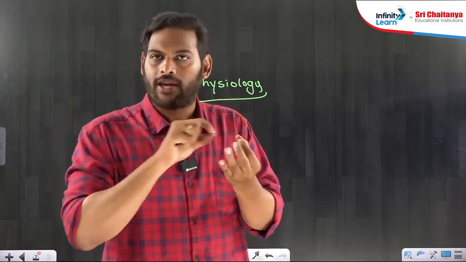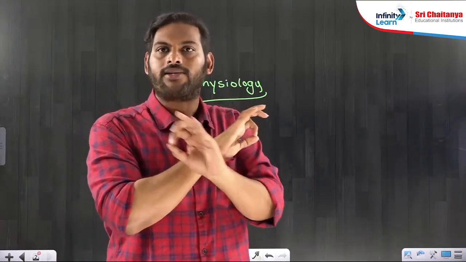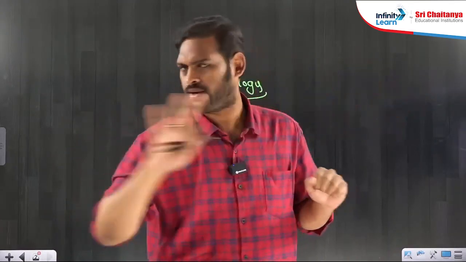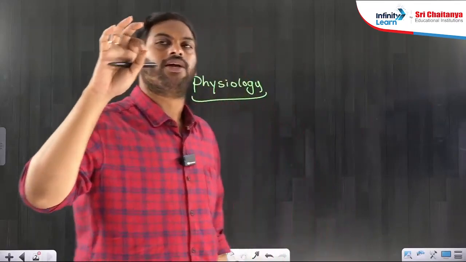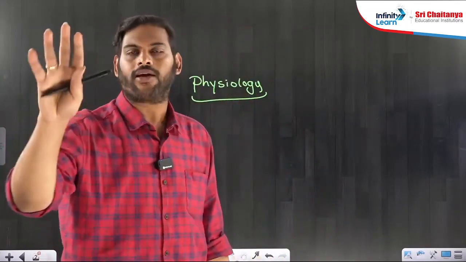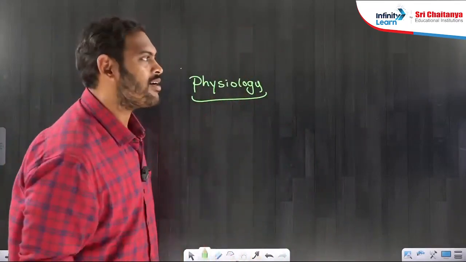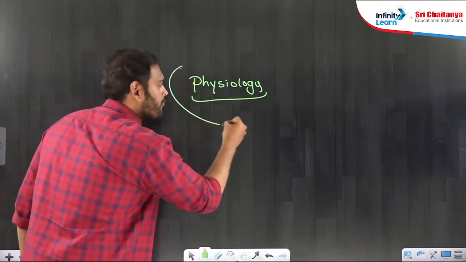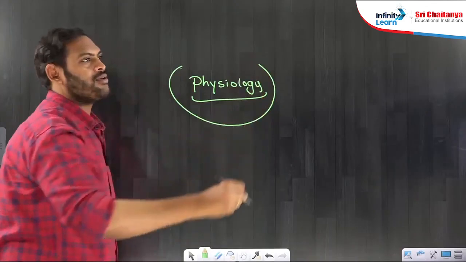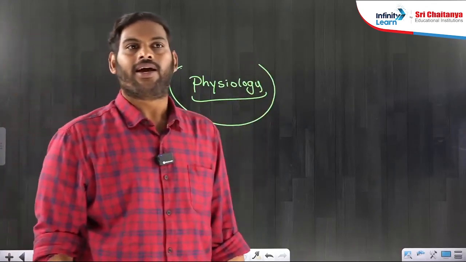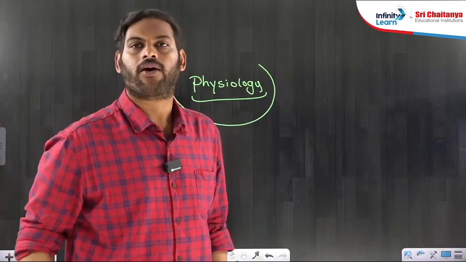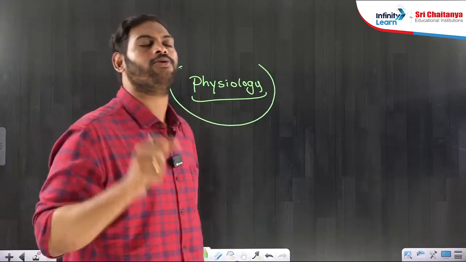So the study of any kind of organ system, might be plant or animal, microbes or fungi, anything, that kind of study will be referred to as physiology. So stars, at this juncture, I would like to add a thing for you.